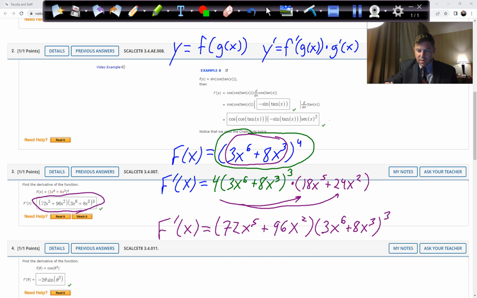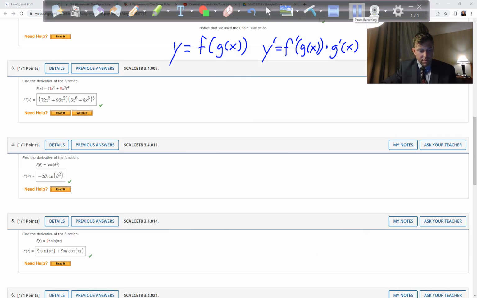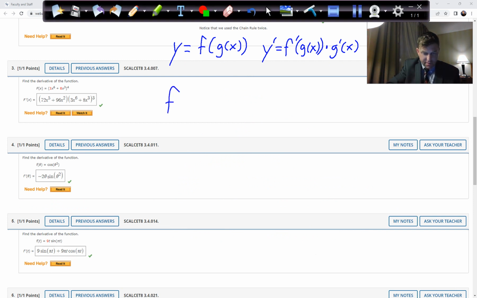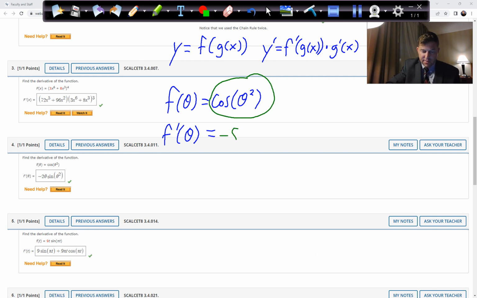Okay, that's problem 3. Problem 4 looks maybe scary because it's a trig function, but it actually isn't too bad. So we have f of theta equals cosine of theta squared. Well, f prime of theta would equal the derivative of the outside, which would be negative sine, leave the inside exactly the same, times the derivative of the inside function, which is just 2 theta.